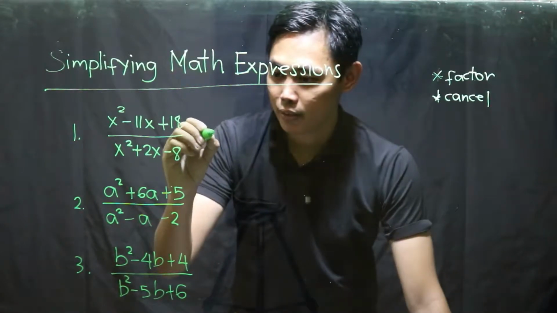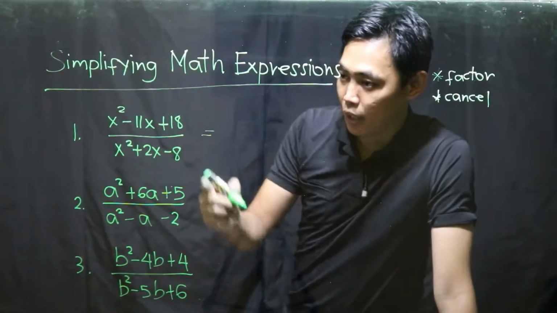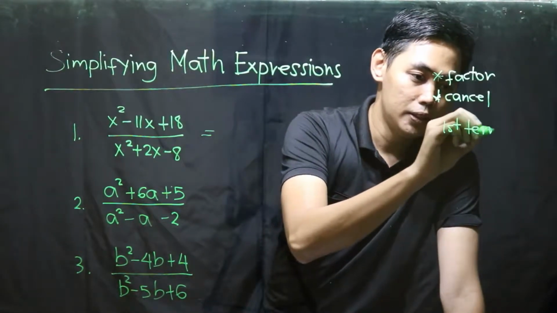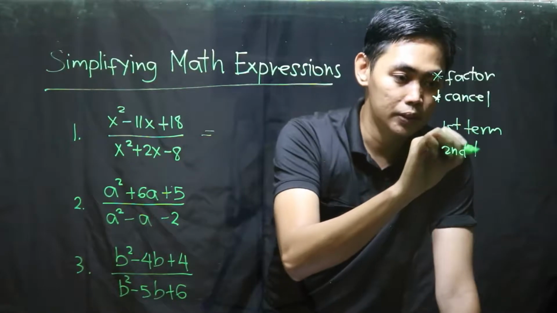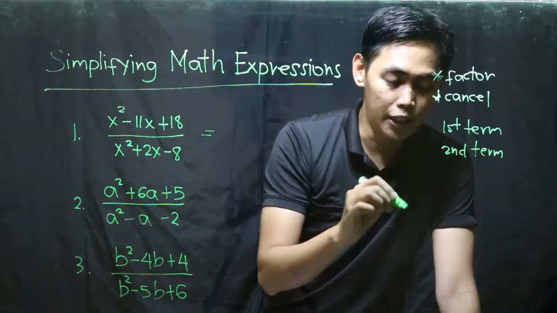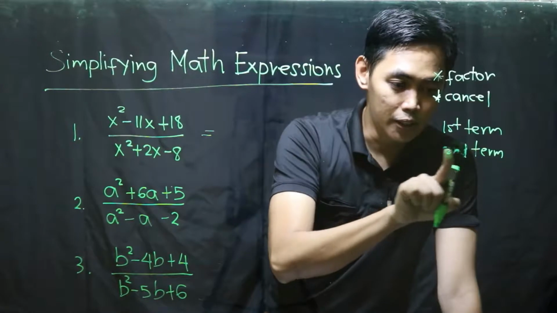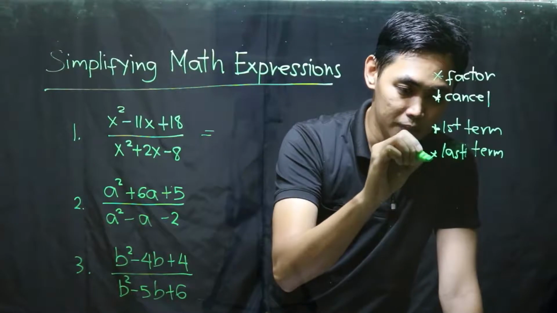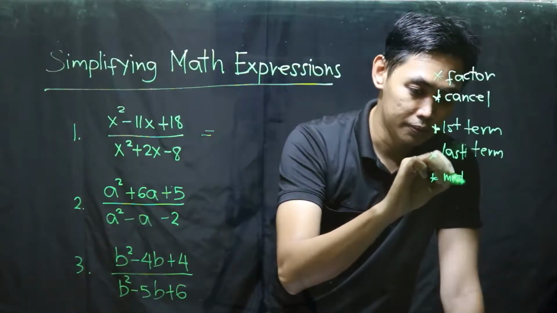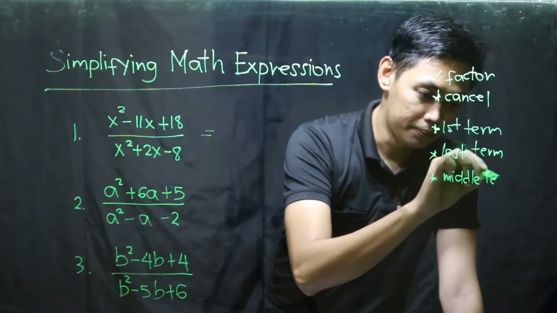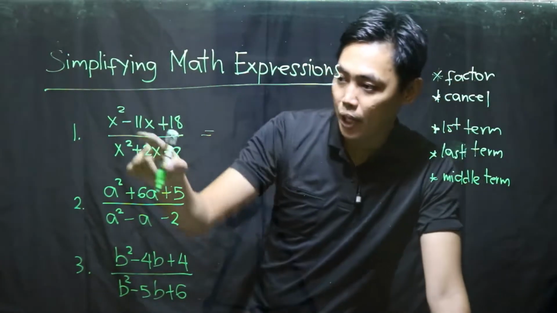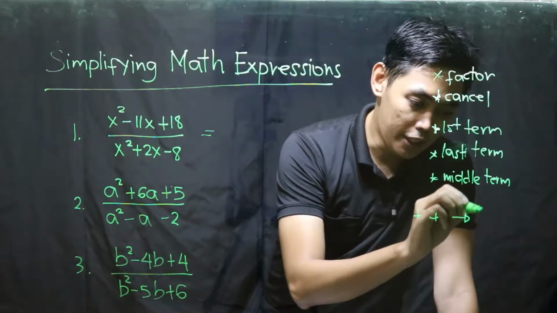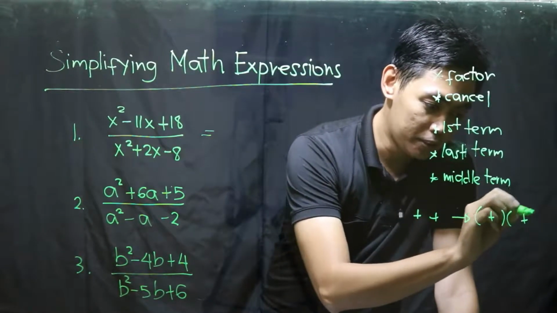So remember that if you factor a trinomial, you need to consider the first term, and then the last term, and then the middle term. If you have plus plus here, the answer is plus plus.